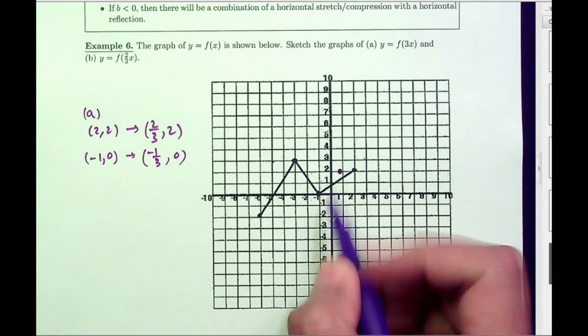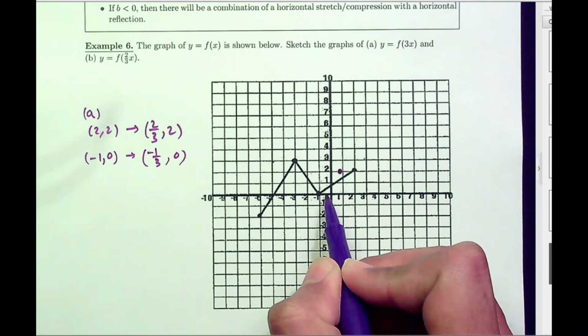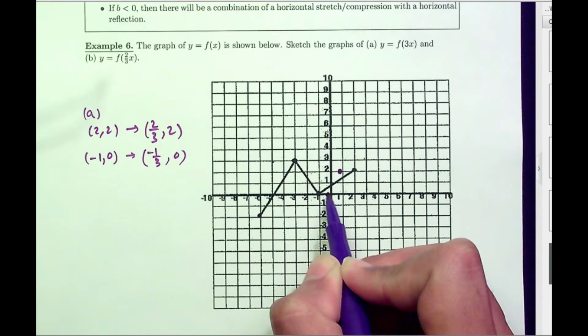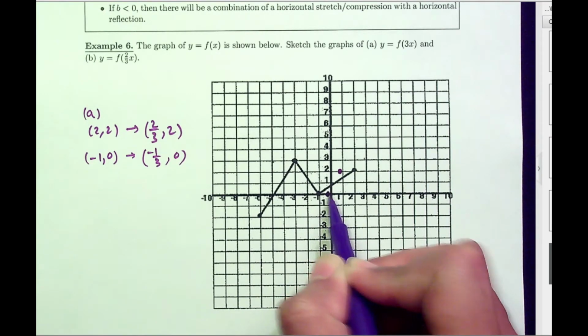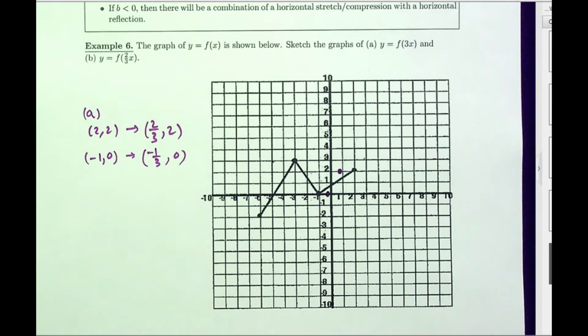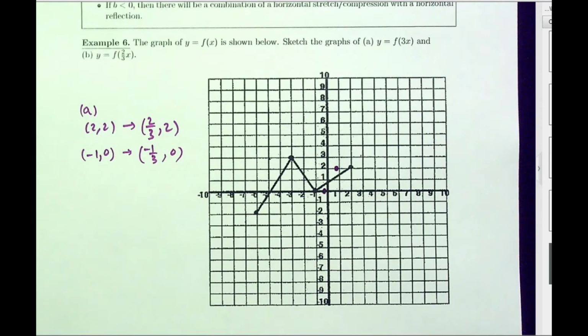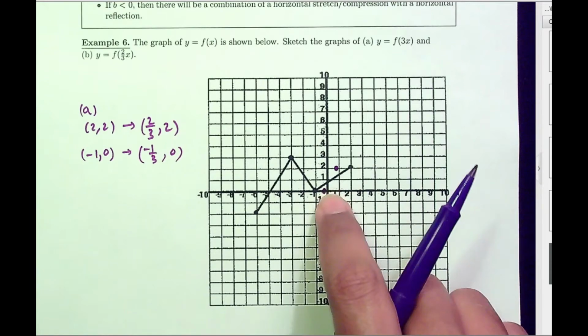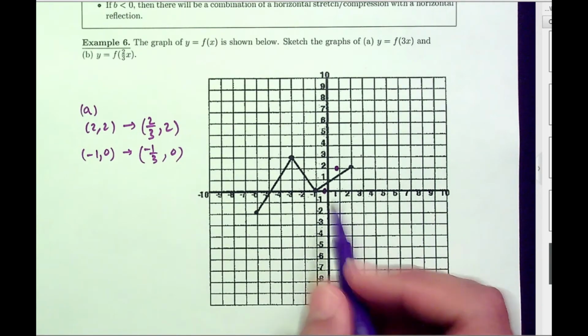So now the new coordinates are going to be -1/3, so a little less than a half, closer to 0, right there, more or less again, because this is so small. So -1/3, 0.